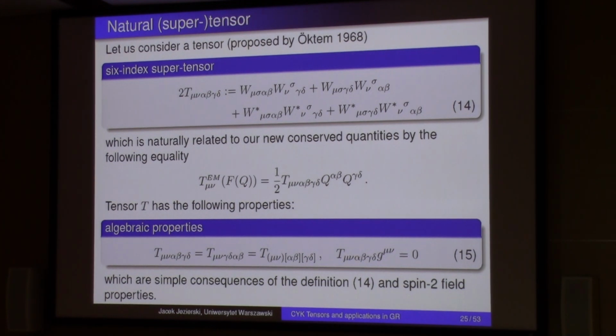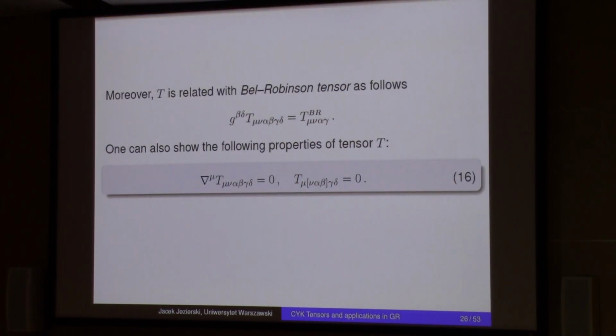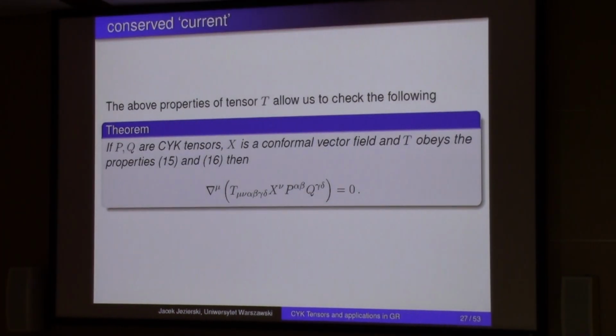Firstly, indices are symmetric, and there are skew-symmetric pairs, and then the main property is that, first of all, the trace of this tensor has something to do with Bel-Robinson. Moreover, we have some divergence property and some algebraic property. There was a name, Ektem, who discovered this tensor in elasticity. So it's different physics. However, the main theorem is that we have a conserved current.